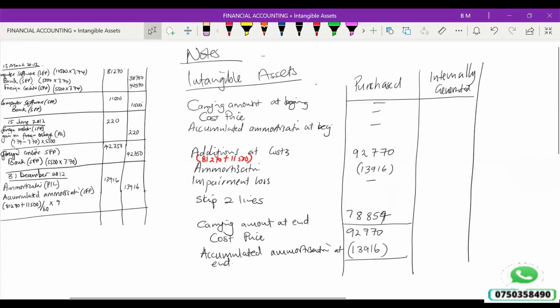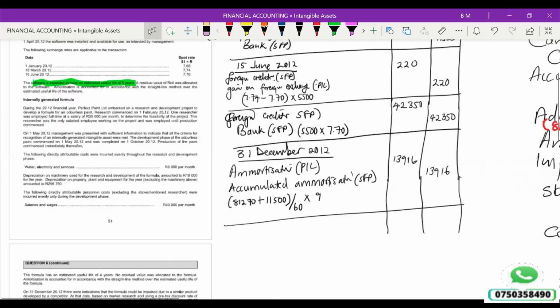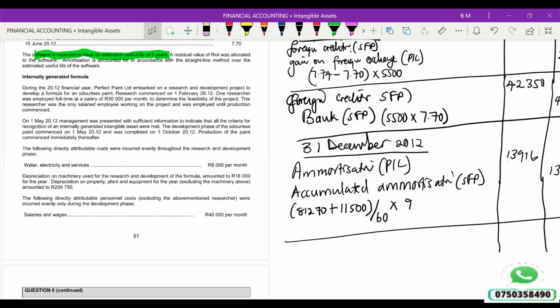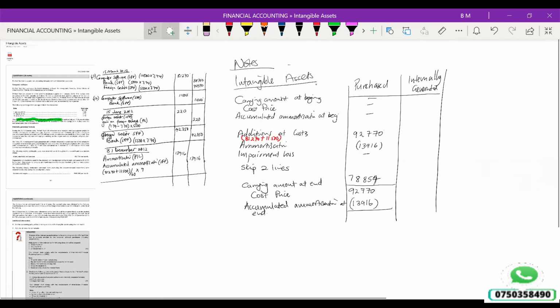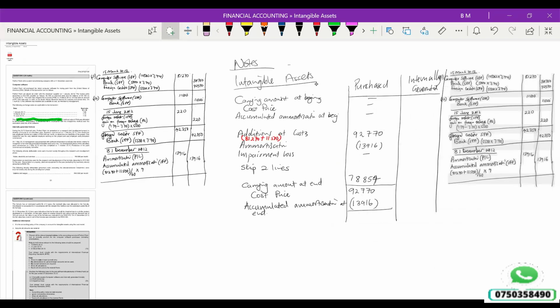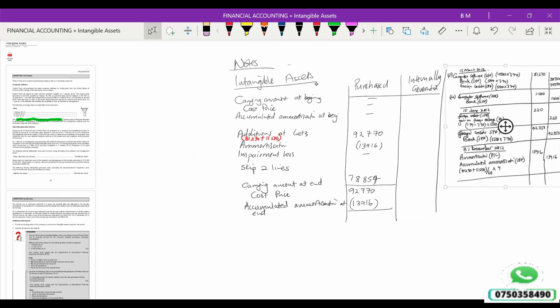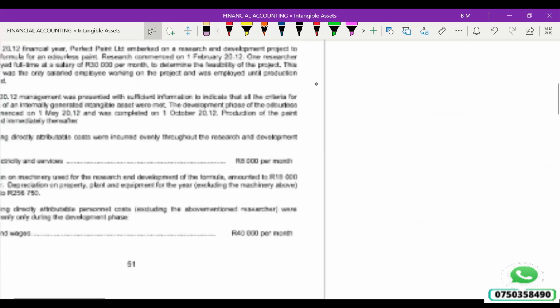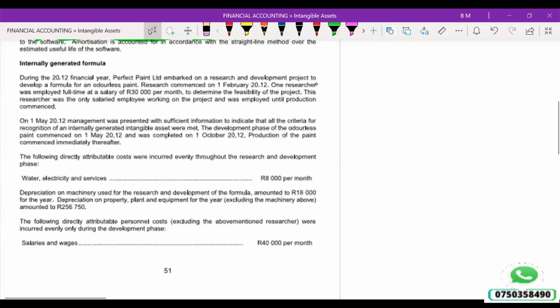Then let's go to the internally generated one. All right.